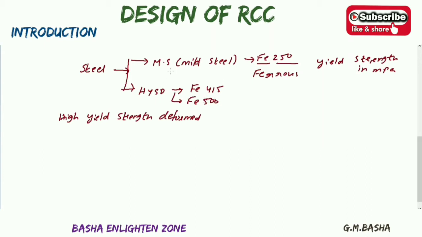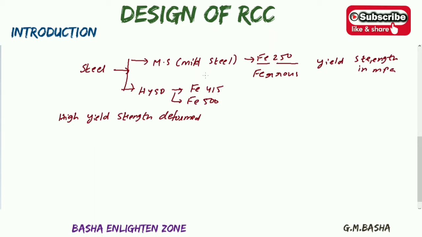So in steel there are two types of material, mild steel and HYSD. Fe 250 is mild steel, and HYSD bars are Fe 415 and Fe 500. Here also Fe is for ferrous metal, and 415 is the yield strength in MPa.